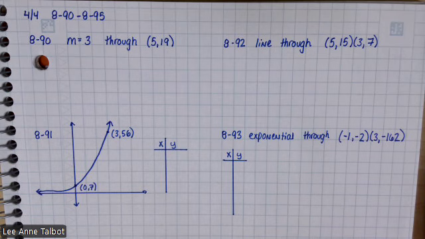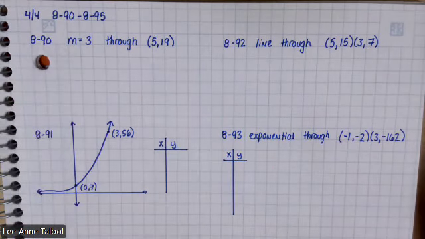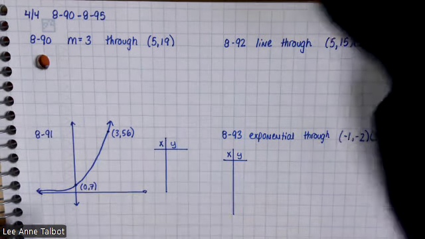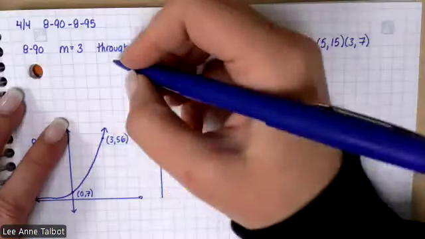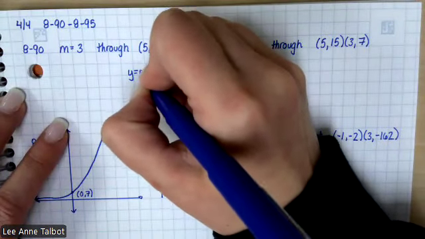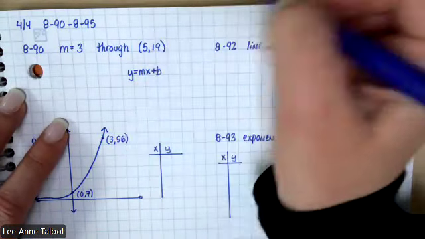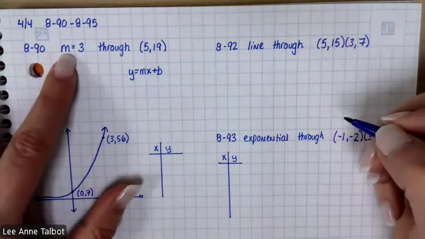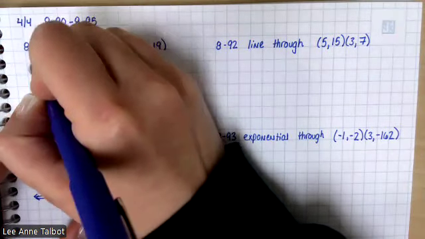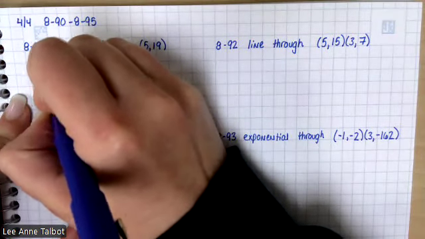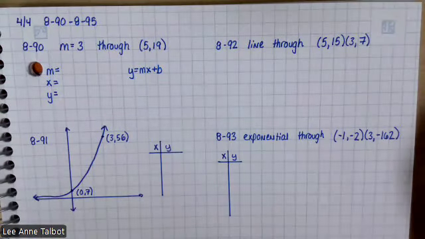Okay, so let's start with number 90. This one says M. What kind of a thing has an M? A line, yeah. Okay, so this one is a line, you can tell because it says M. And we write M equals, X equals, Y equals. This is from chapter 2.